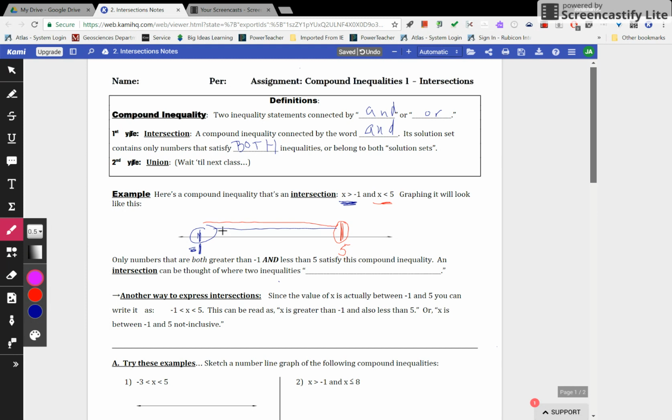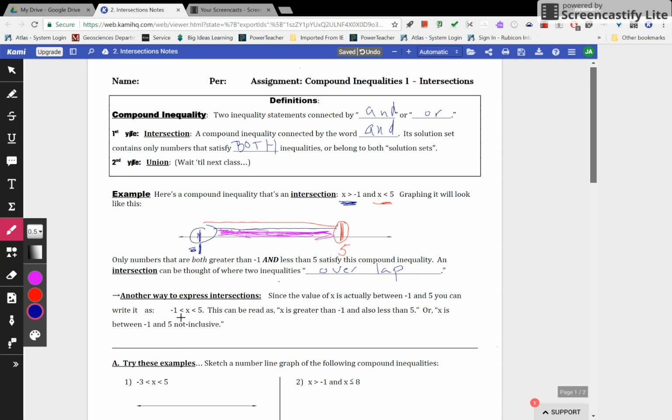A combination of red and blue would be purple, so I would shade between those two open circles. So only numbers that are both greater than -1 and less than 5 satisfy this compound inequality. An intersection can be thought of where the two inequalities, and I'd like you to write the word, overlap.